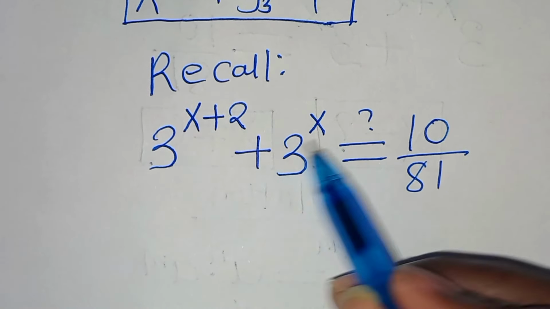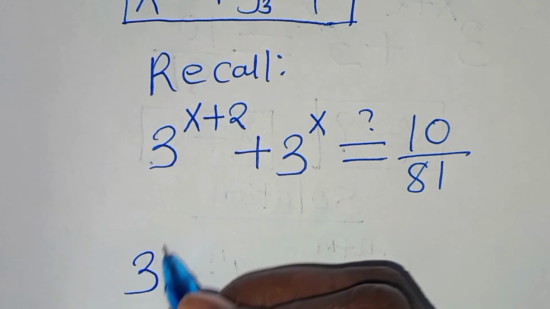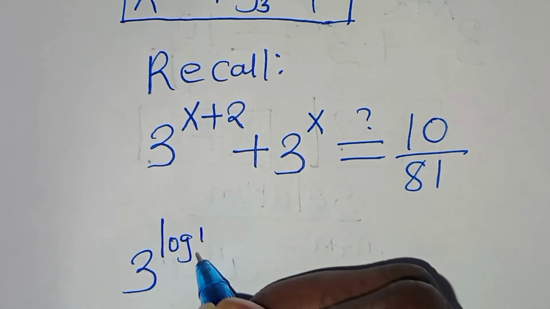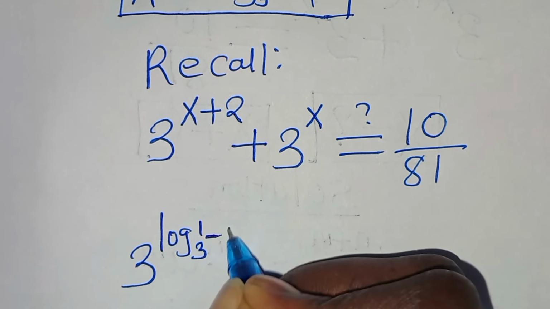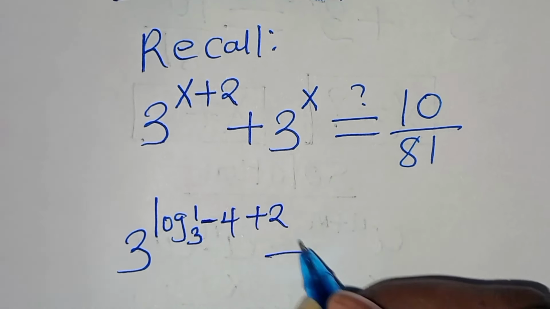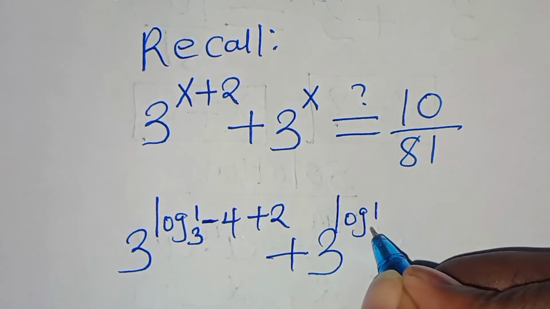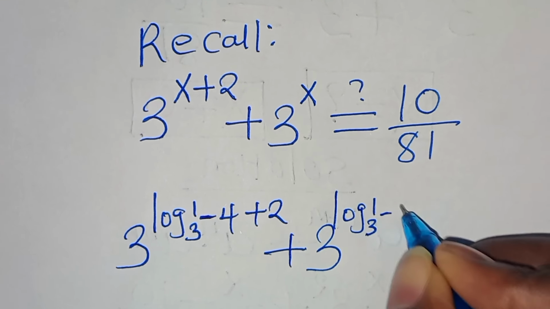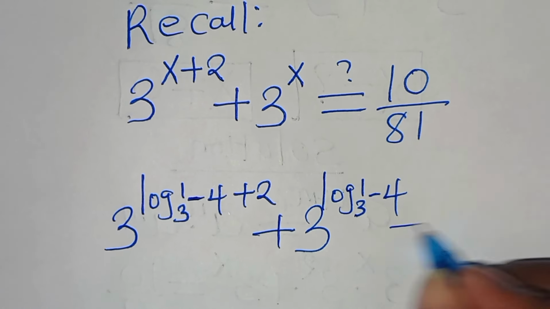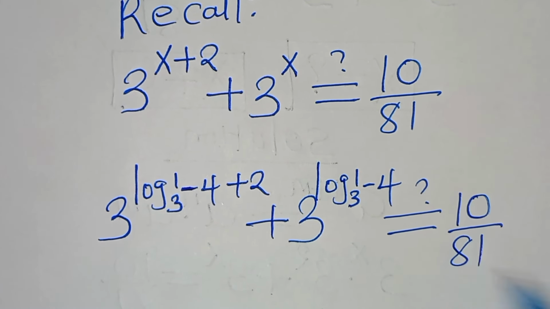Substituting the value of x here, then we have 3 raised to the power of log 1 to base 3, subtract 4, then plus 2, then plus 3 to the power of log 1 to base 3, subtract 4. This is supposed to give us a value of 10 over 81.